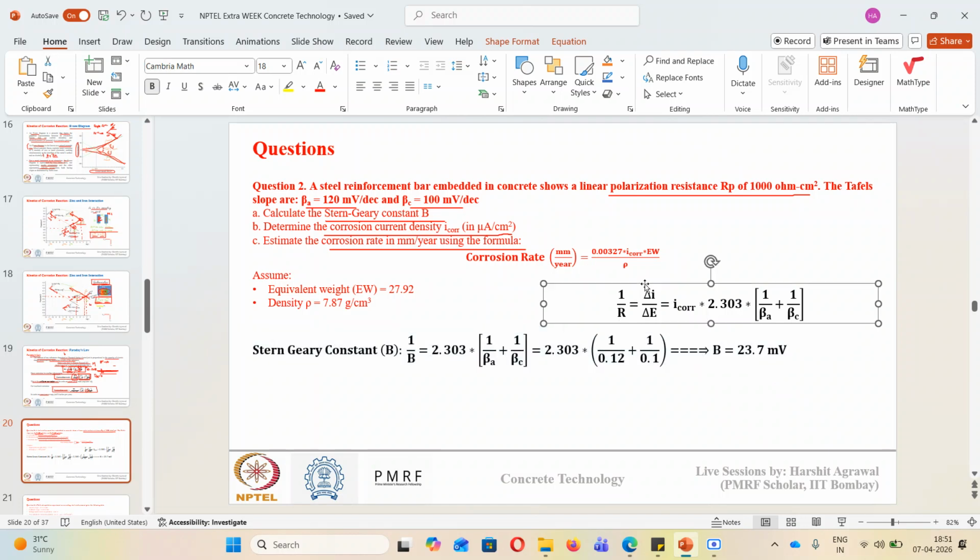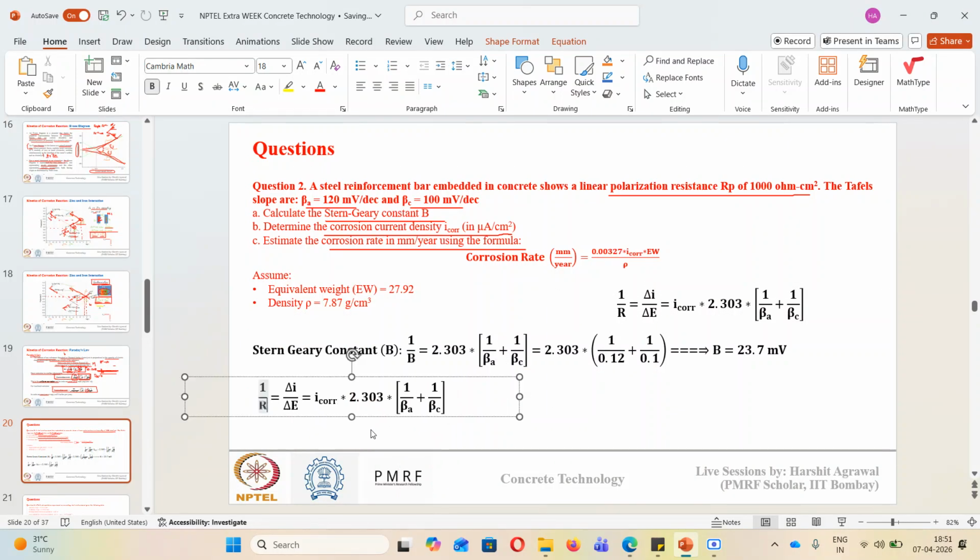Then if I want to calculate current density, 1 upon Rp is nothing but i_corr divided by B, which we have calculated.